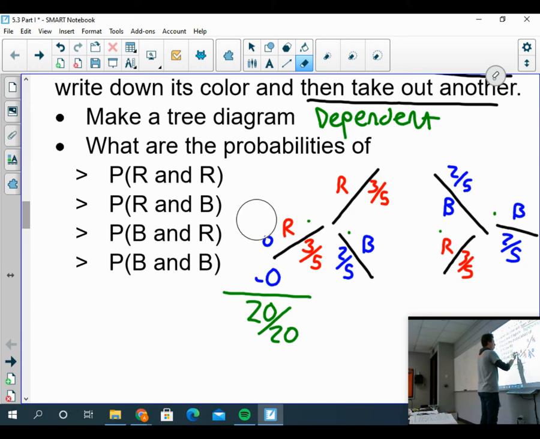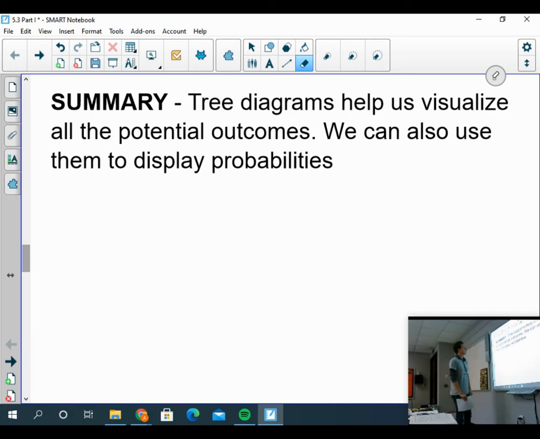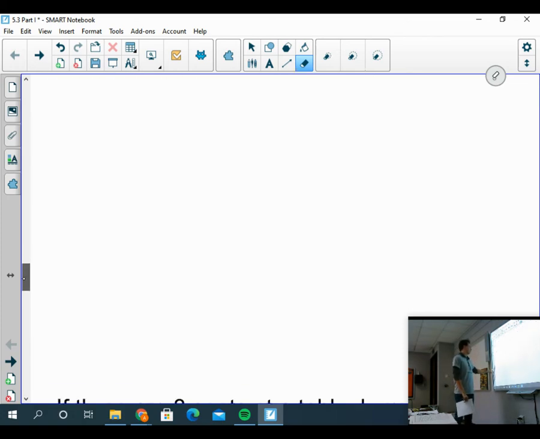Now they're going to be out of 25, but again, your sample space will still add up to 1. It would just be 25 over 25. So that's tree diagrams. If you want a verbal summary, they help us visualize all the potential outcomes. We can also use them to display probabilities.